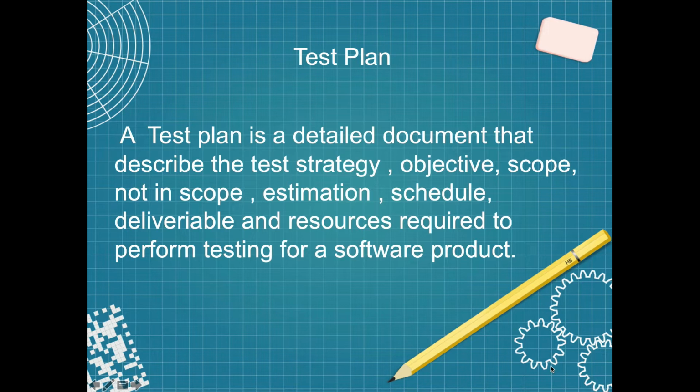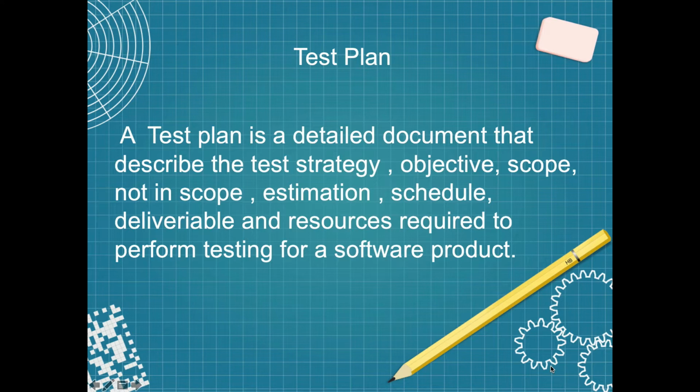The scope: which functionalities you are going to test, and which functionalities you are not going to test, that also you have to define. And the estimation. Estimation means how many members, how much time it will take. It also defines the schedules.